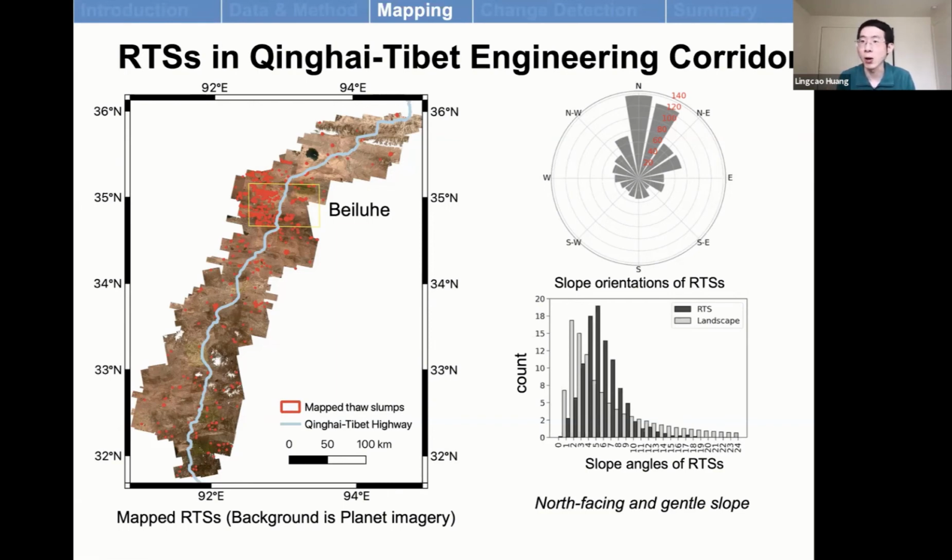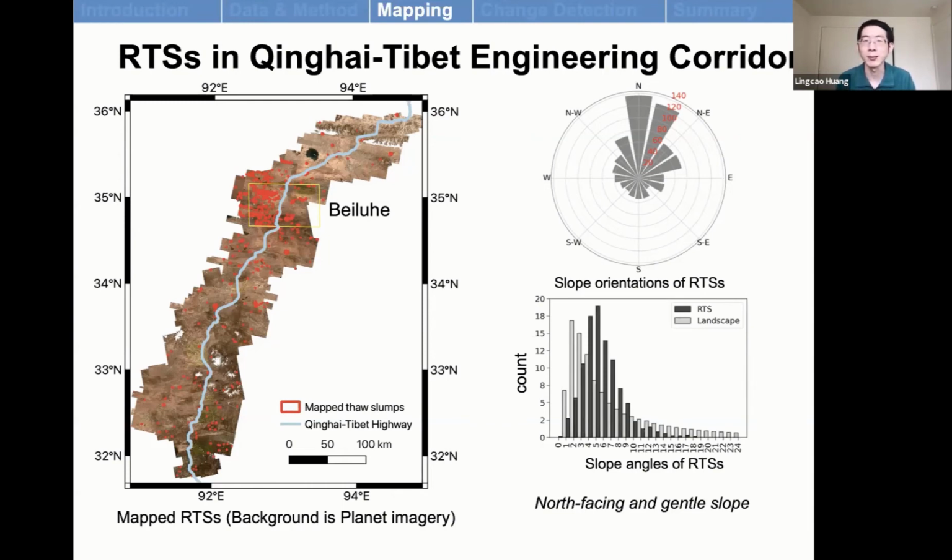In non-permafrost regions, the RTS from the previous picture is somewhat similar to a landslide, but landslides in non-permafrost regions mostly happen on slopes with angles greater than 20 degrees.